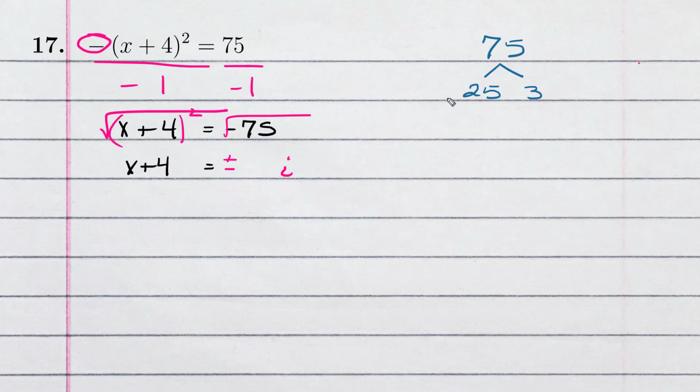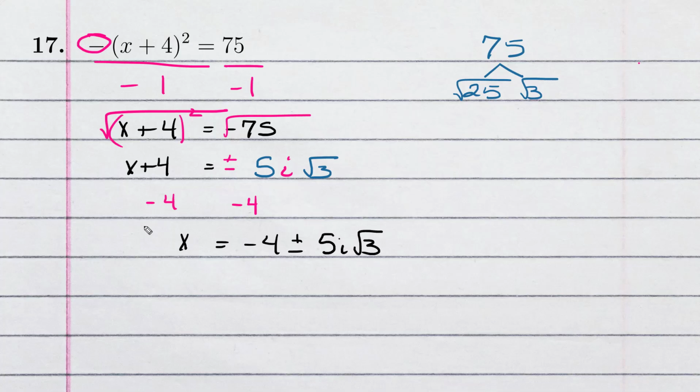I can take the square root of 25, and that's 5. And the square root of 3 is square root of 3. Now I need to move that 4 to the right-hand side, so subtract 4 from both sides. And I have x is equal to -4 plus or minus 5i square roots of 3. And so that's that answer.